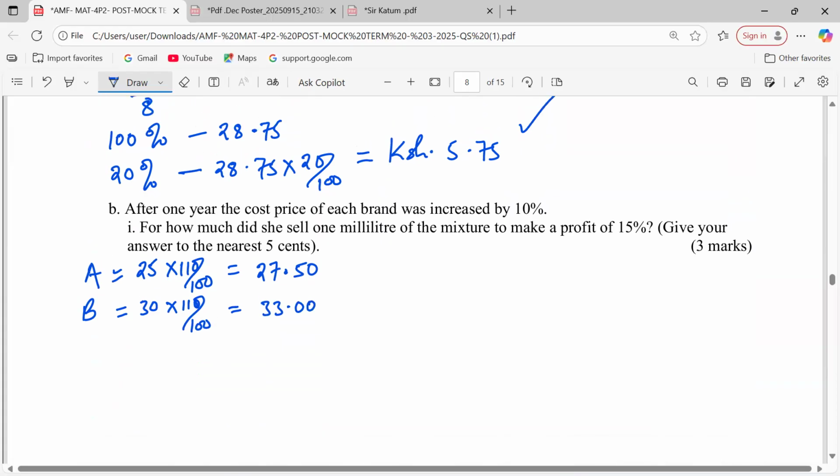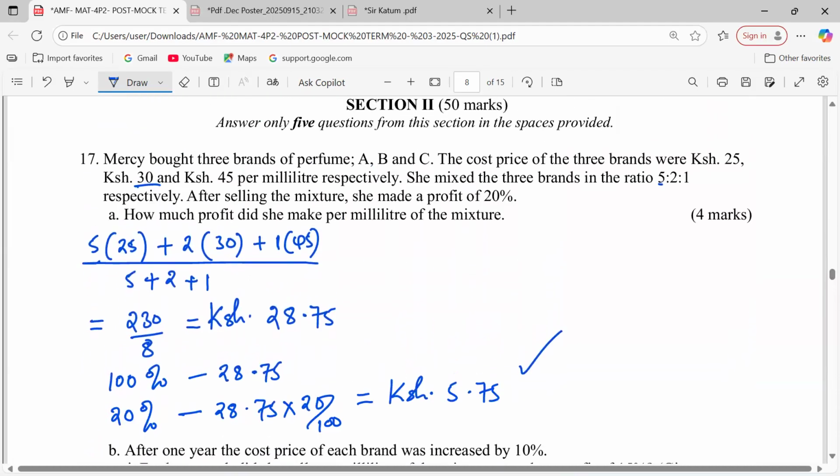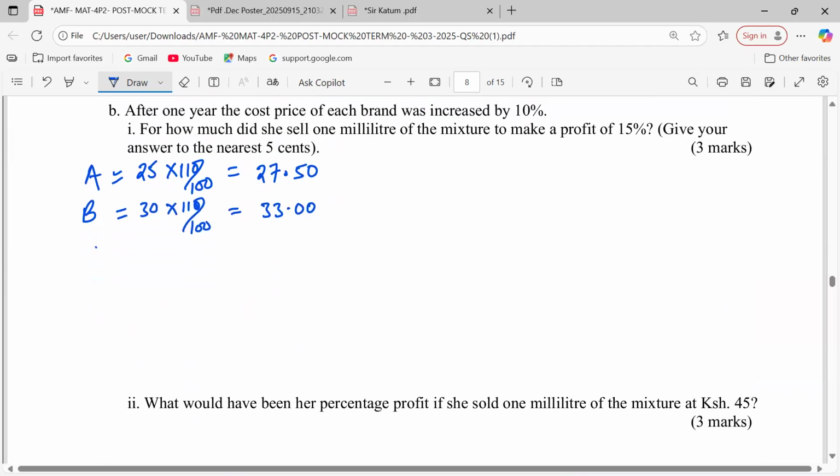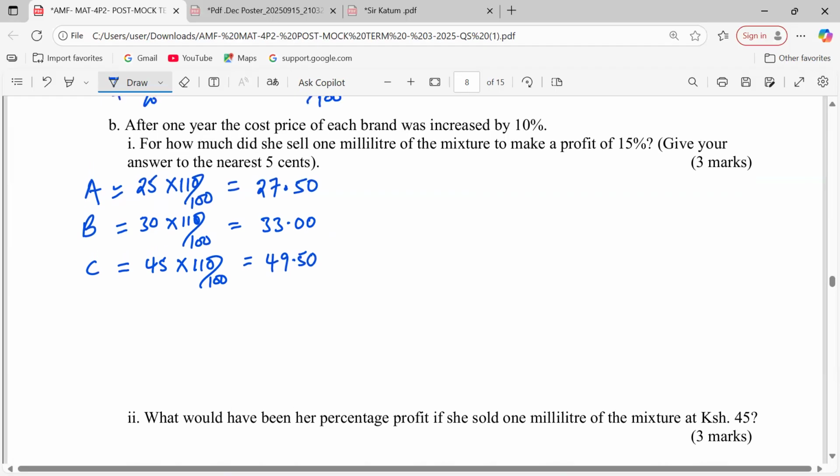The next is going to be 45, whereby now C will be costing 45 times 110% of the original. And this is giving us exactly 49.50. This is now the new cost.